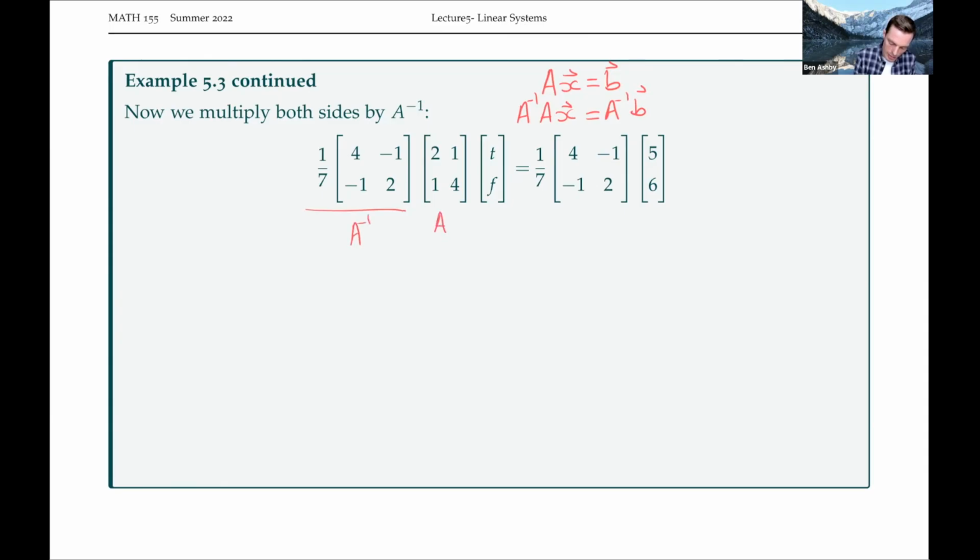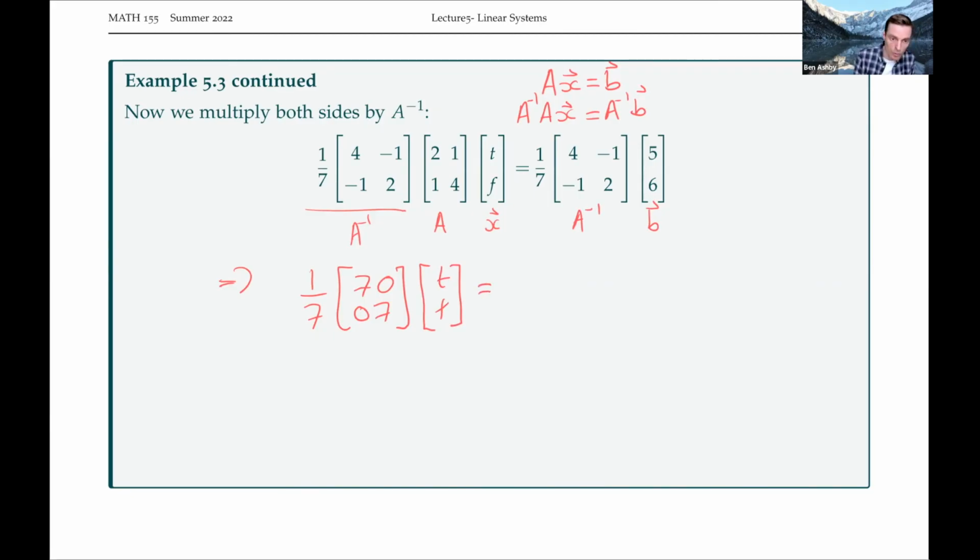This is A. This is our X. This is A inverse again, and this is our B. So if we calculate that, then we're going to have here 1/7 times 7, 0, 0, 7. So 1/7 is just a scalar. So when we multiply these two things together, we're just going to have the identity matrix here on the left-hand side, times our vector of unknowns.